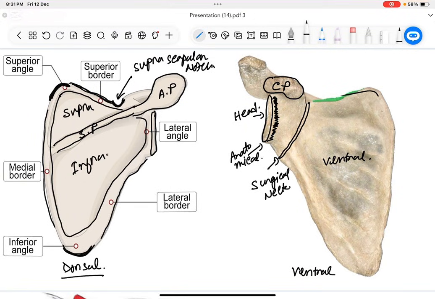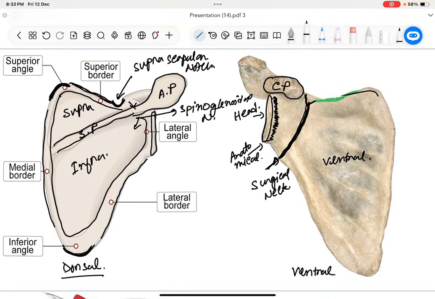Another notch, which makes a connection between the glenoid cavity and the spine, between the supraspinous and infraspinous fossae, is called the spinoglenoidal notch. If we make an encircle of the suprascapular notch and this spinoglenoidal notch, that will be the surgical neck.